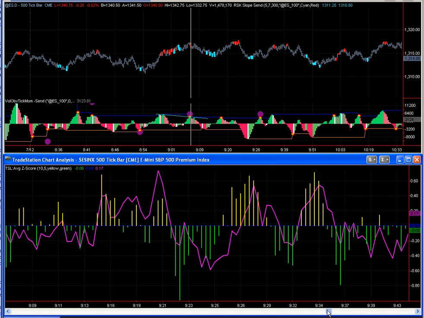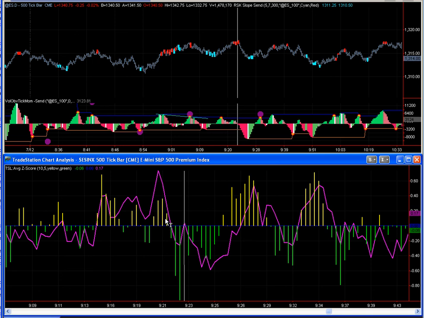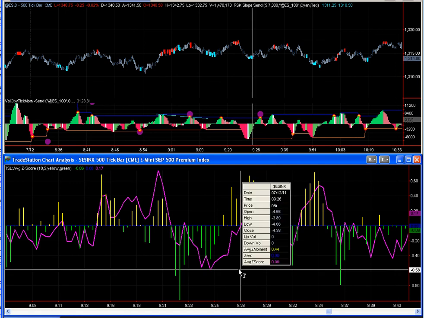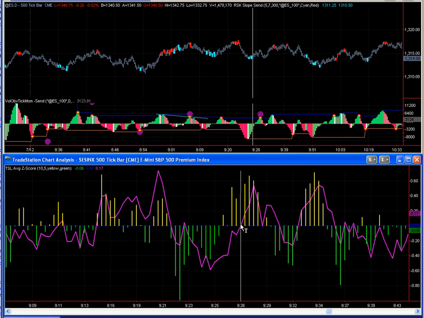Now you can practically pick off just by looking at this. Right here, boom, higher high, nothing. You know the market's going to drop. Got that low. We're basically right into the zero line here, so there's quite a divergence here.